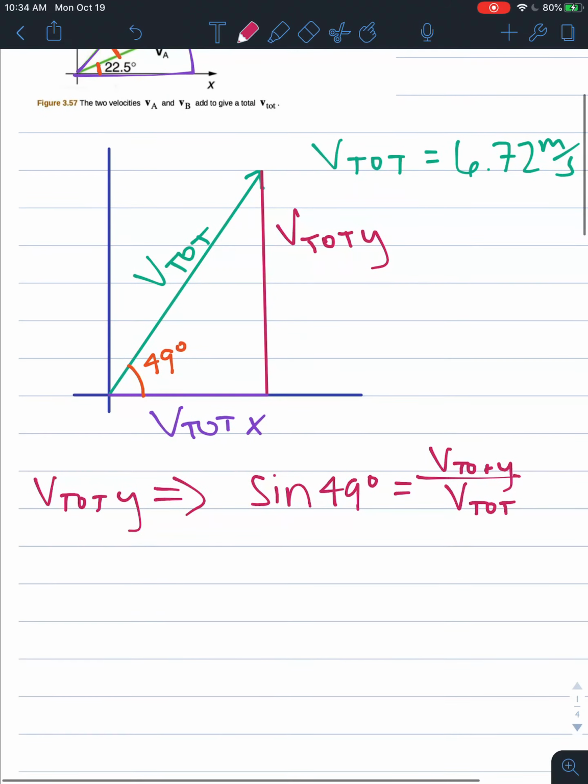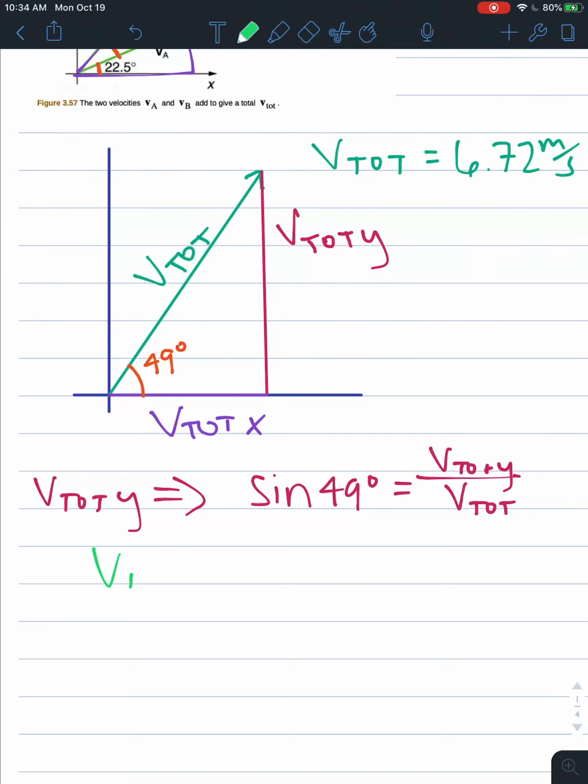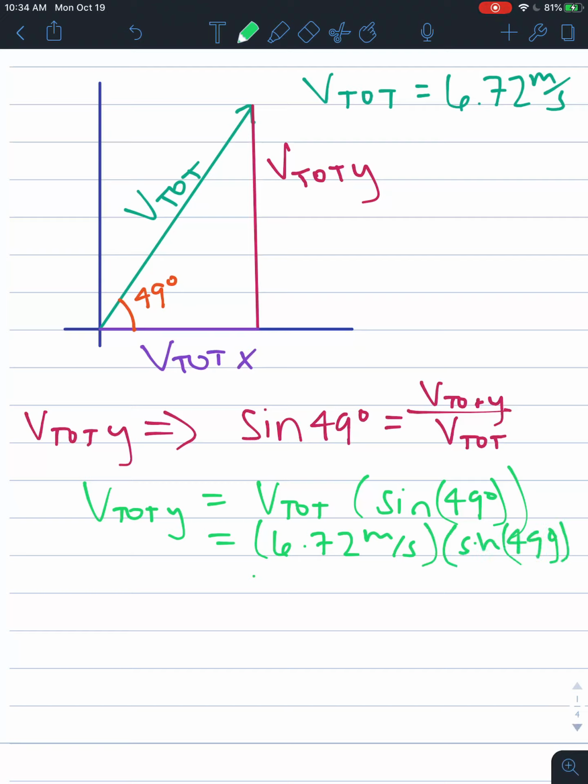Multiplying that over, I get that VTOT Y equals VTOT times the sine of 49 degrees. VTOT is 6.72 meters per second. So we get that VTOT Y equals 5.072 meters per second.